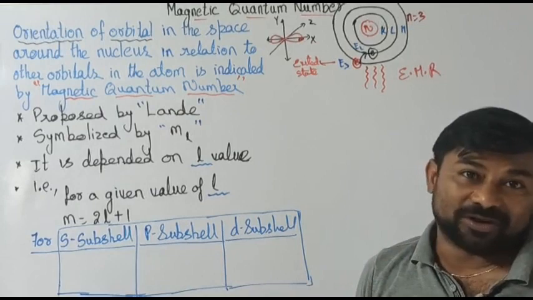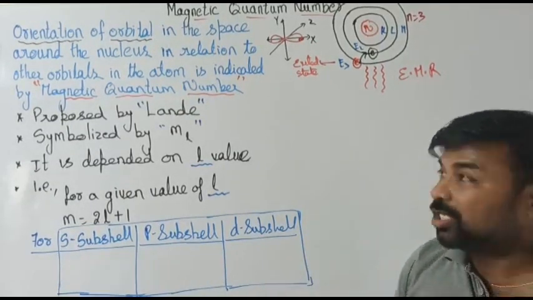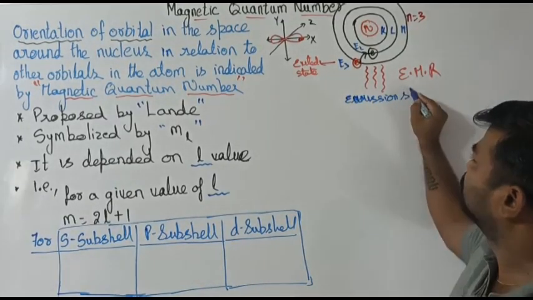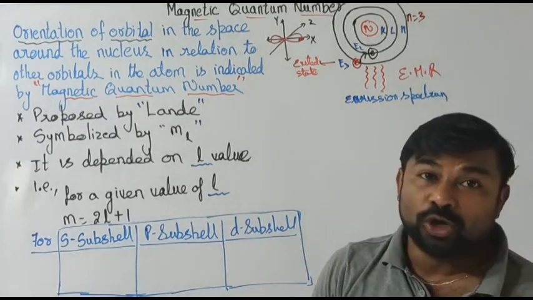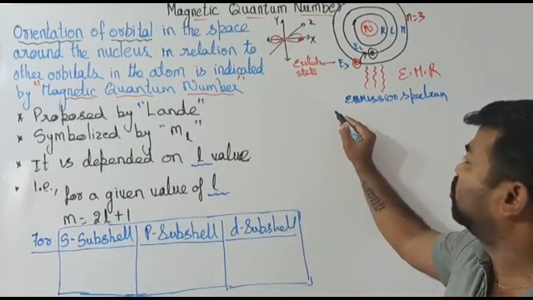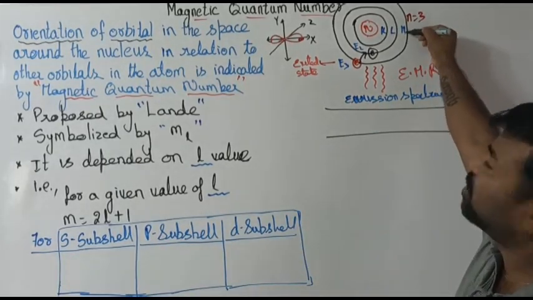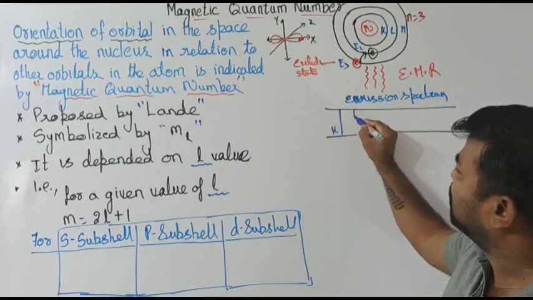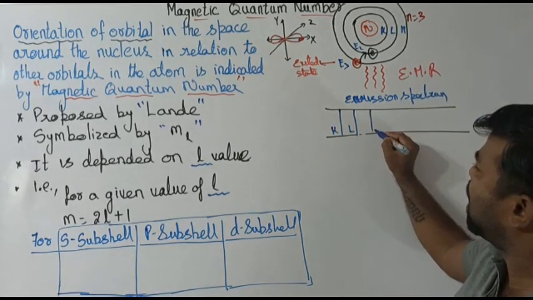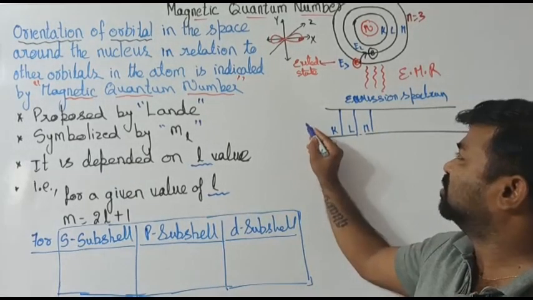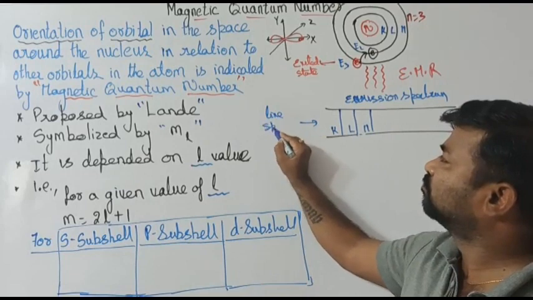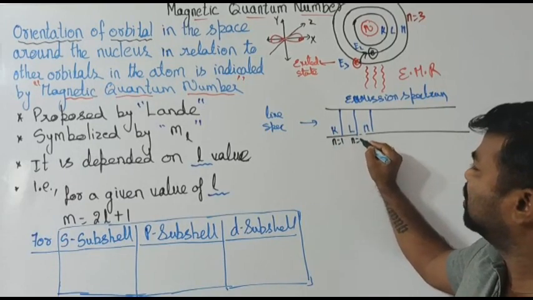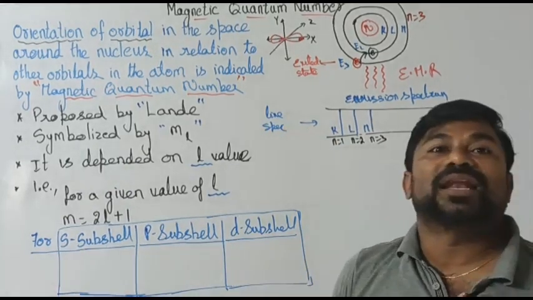If you observe that electromagnetic radiation in an emission spectrum, let us take this for K, this for L, and this for M. These are the line spectrum, indicated by the principal quantum number: for this n is equal to 1, this n is equal to 2, and now n is equal to 3.